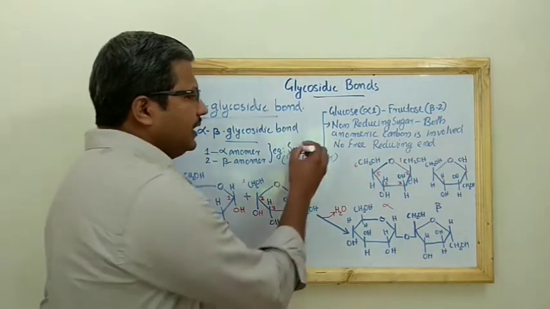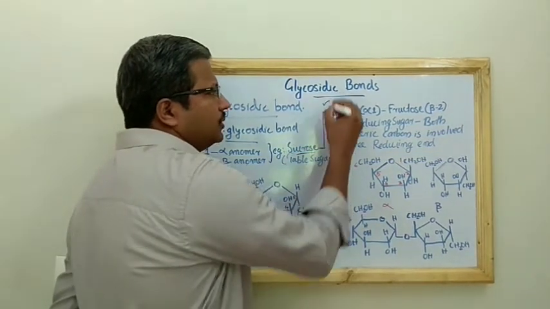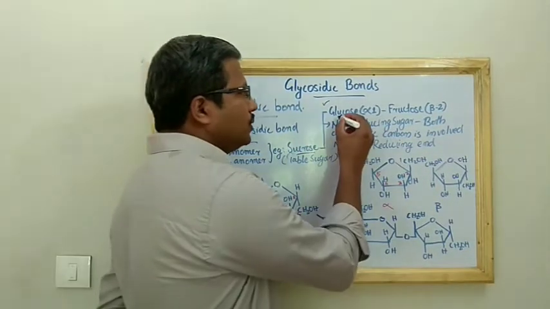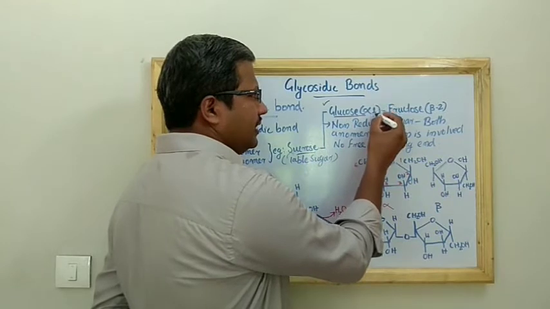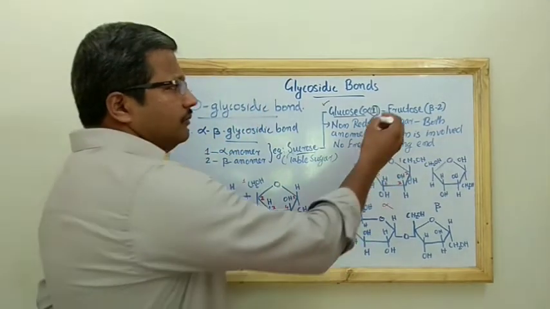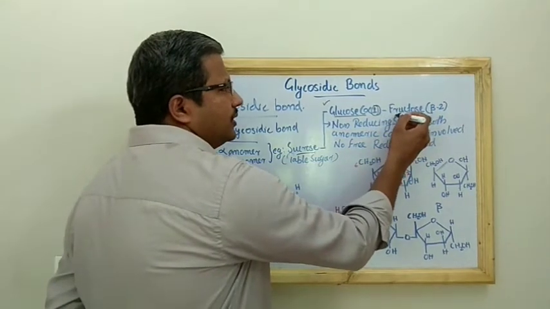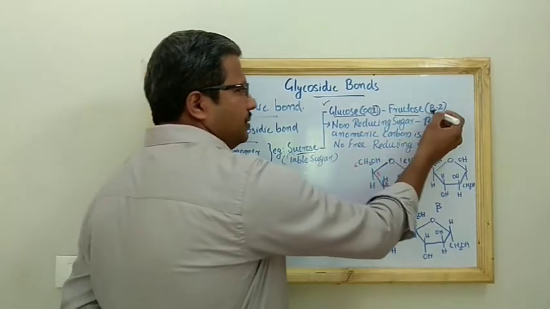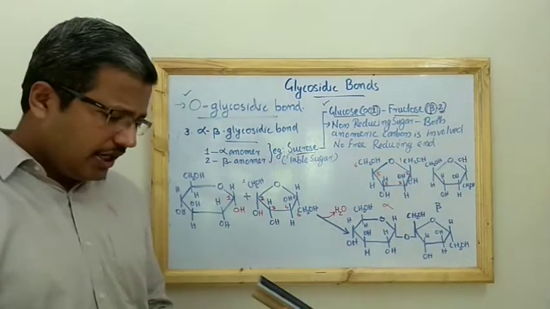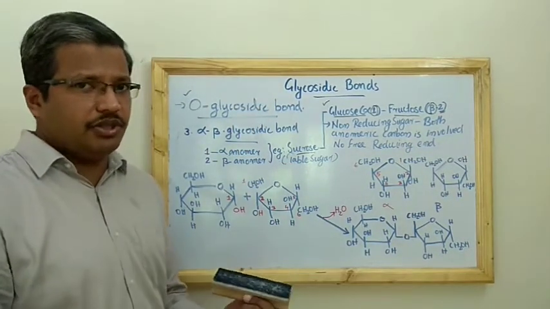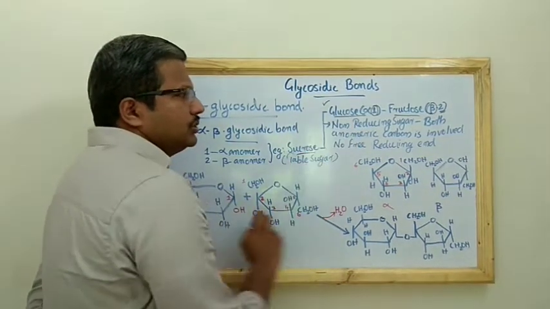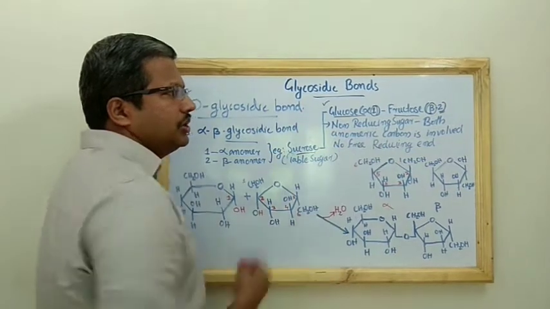We can see that in case of sucrose, the glucose unit in alpha configuration, and that too the first carbon, is glycosidically bonded with the fructose, which is in beta configuration, and the second carbon of the fructose will be involved in the bond formation. Okay, so this particular sucrose is actually a non-reducing sugar.